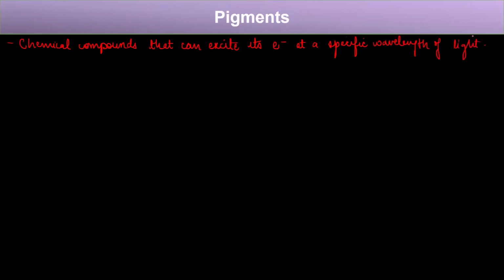So what is a pigment? Suppose this is a pigment. If it receives a light ray, its electron will get excited and move to the excited state, right? Then from its excited state, it will slowly come back to the ground state.